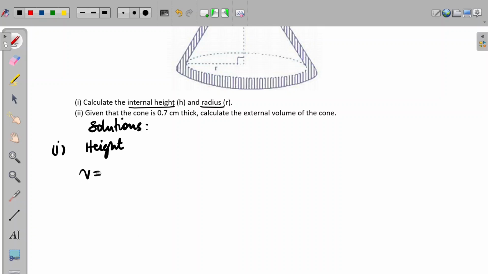Volume is equal to 1 over 3 pi r squared height.